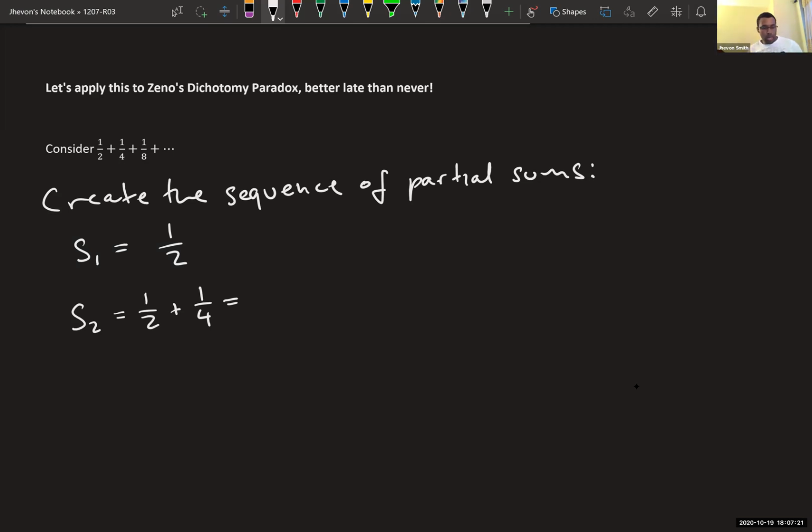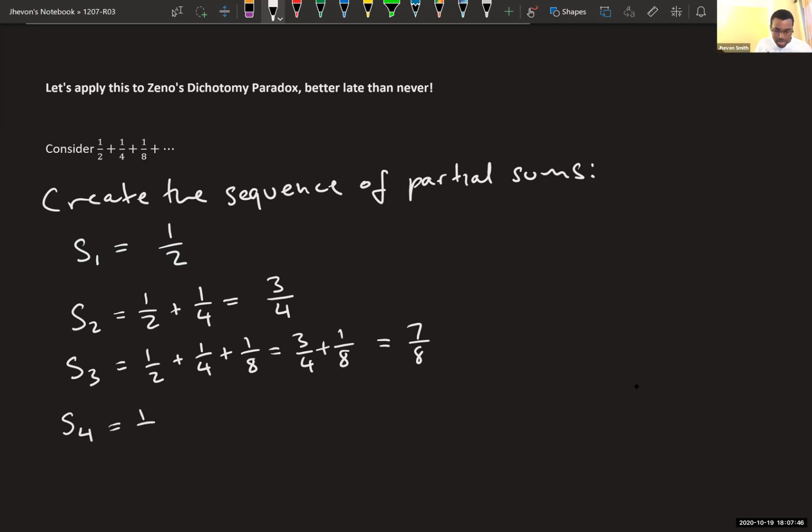And that's going to be 3/4. Then we're going to find S3. That's a half plus a quarter plus an eighth. That's, of course, 3/4 plus an eighth. Can multiply the first fraction by 2/2 to add that. That will give me 7/8.